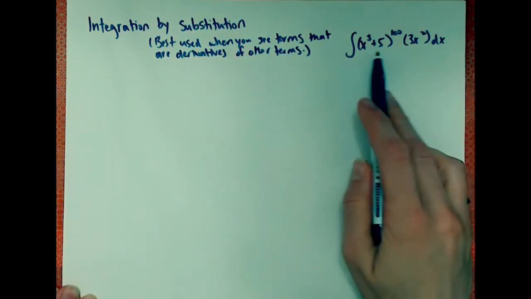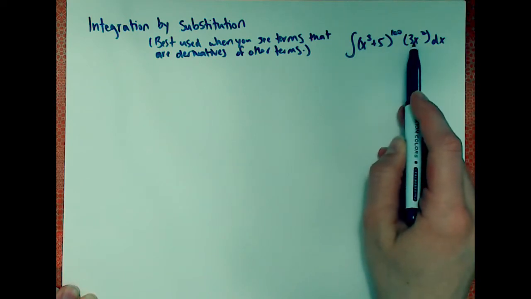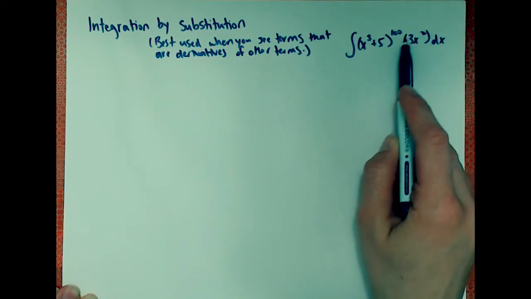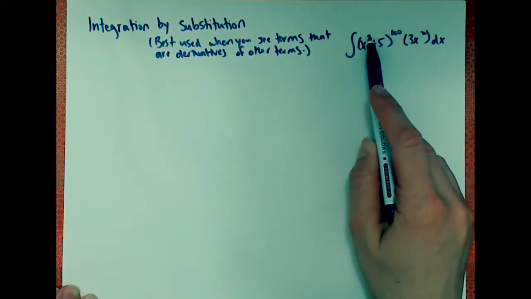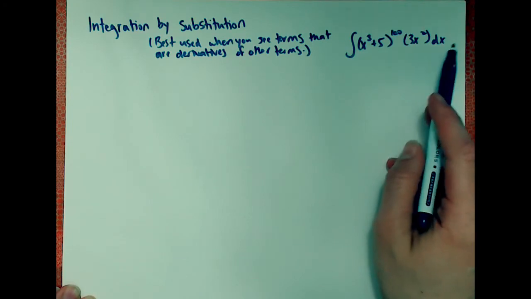Here you can see very easily that you have an x cubed and you have a 3x squared, so this is the derivative of this. That's a hint that integration by substitution is probably a good technique in this case.